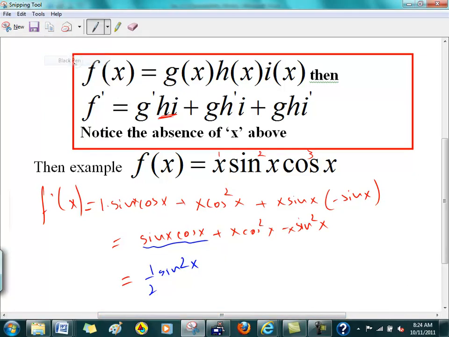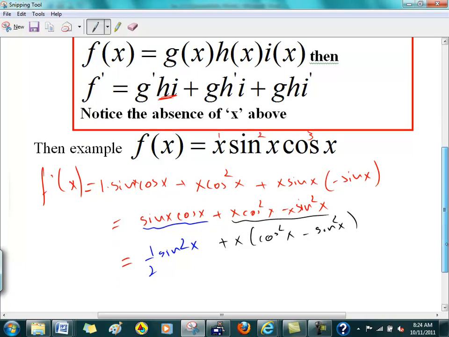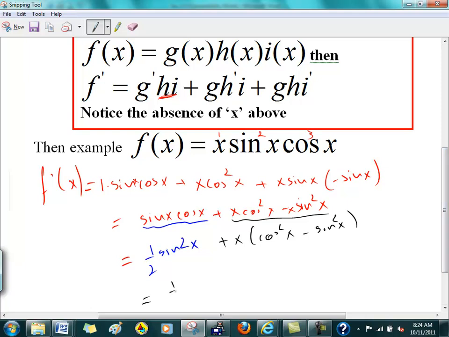Then this one here, I'm going to first factor out the x, and I get cosine squared x minus sine squared x. And you guys go look for an identity that tells you what cosine squared u minus sine squared u is.